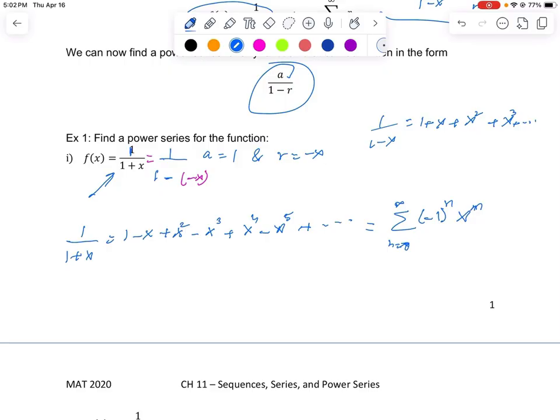So when you plug in 0, you get negative 1 raised to the power 0 times x to the power 0. That is the first one, and negative 1 raised to 0 is 1, because anything raised to power 0 is 1, and x raised to 0 is 1, so we get 1.